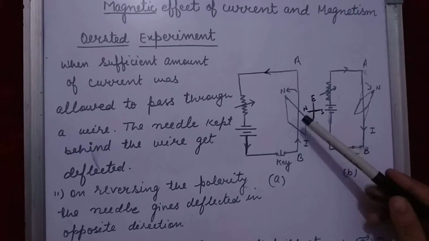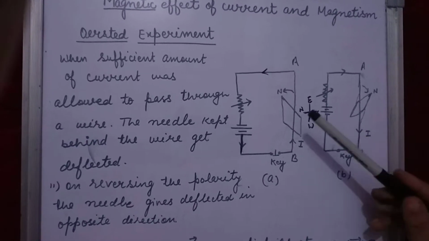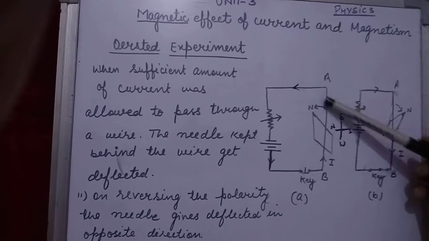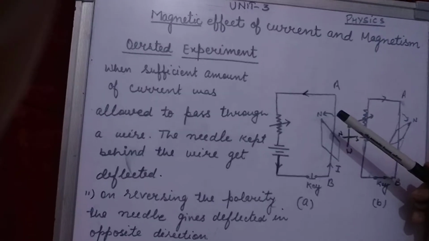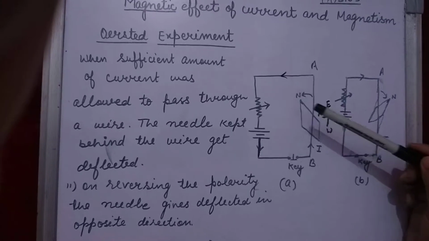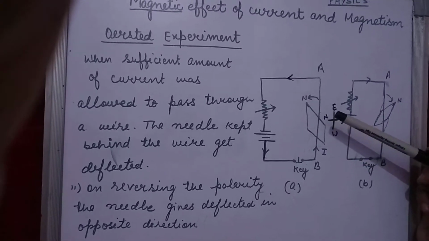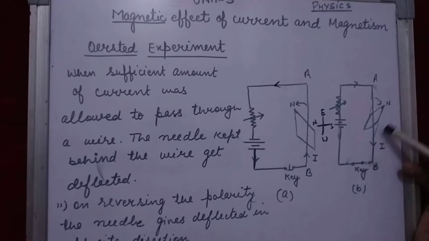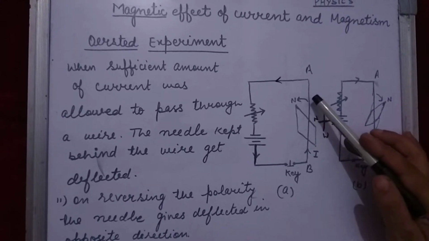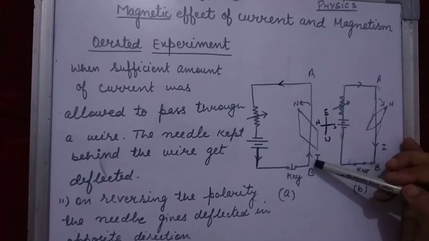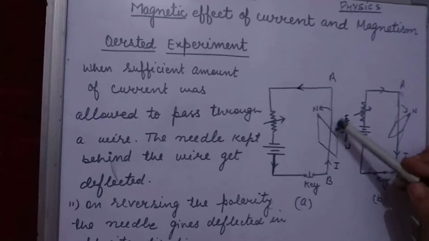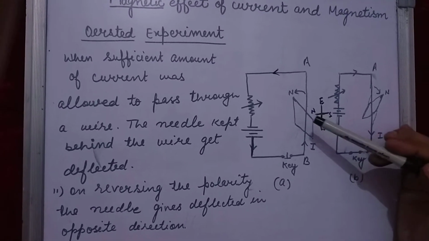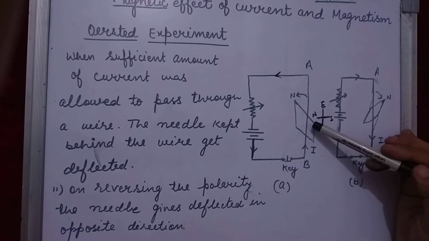Now how does this needle get deflected? Because a current carrying conductor, this wire, becomes a magnet, that is, a magnetic field is produced around the wire. This rod becomes a magnet, and another magnet we have put behind it.